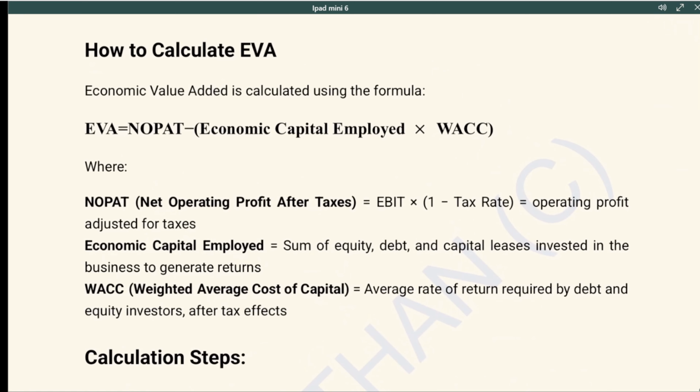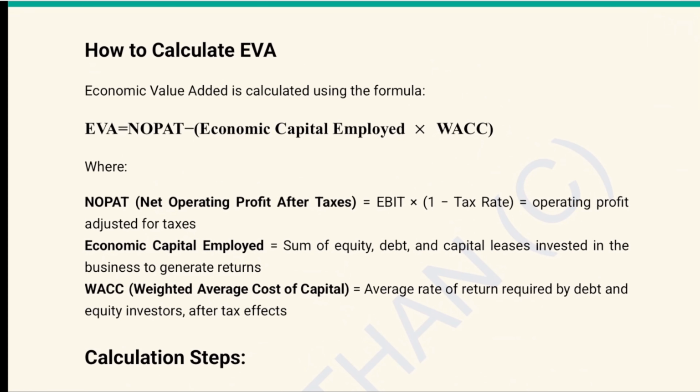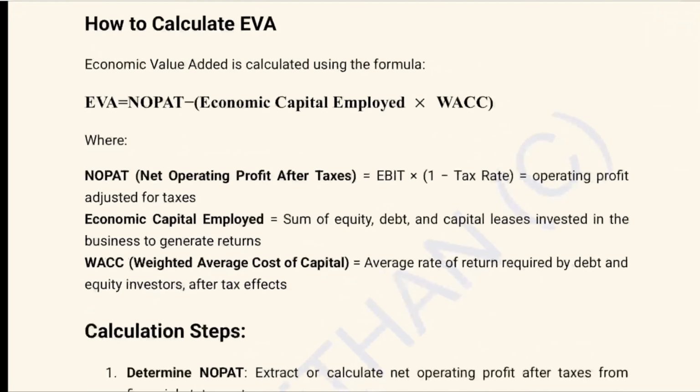The next important topic in divisional performance is called economic value added, or in short, EVA. You can expect a 7-mark question from this chapter. To calculate EVA, you have to remember this formula. EVA is equal to NOPAT minus capital employed into weighted average cost of capital. NOPAT is net operating profit after tax, which is nothing but EBIT into 1 minus tax.